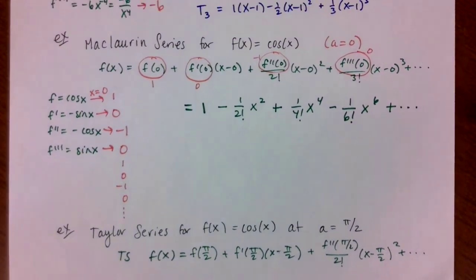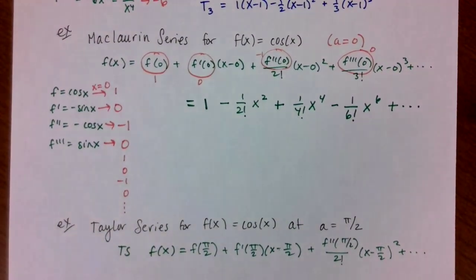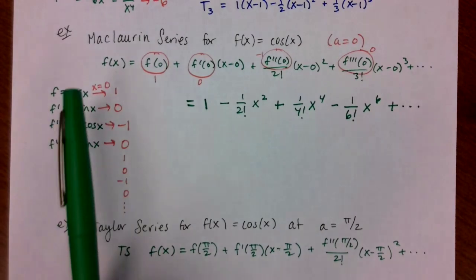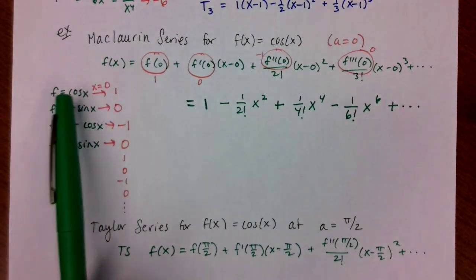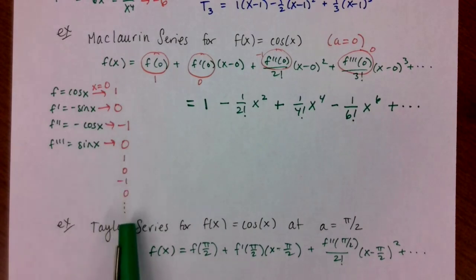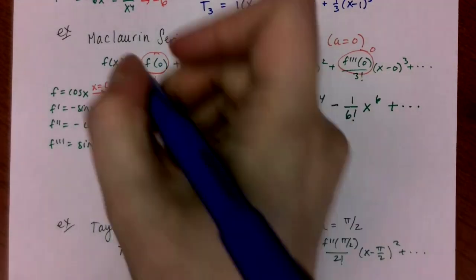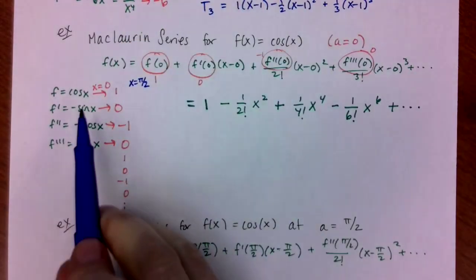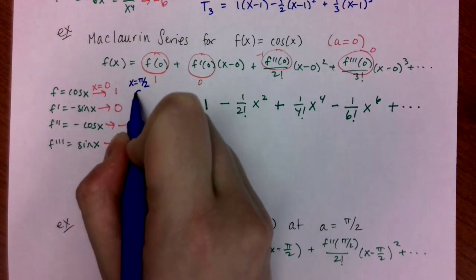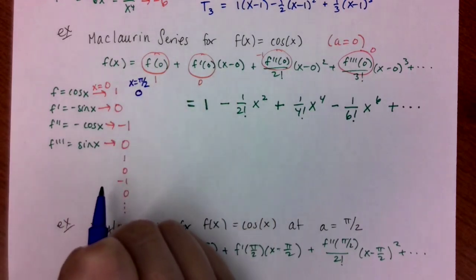And now all I can really recycle from the previous example is the list of derivatives that I made, right? So these are the 4, and then after sine, it loops back to cosine. So whatever these 4 numbers are, it just repeats forever. So now I'm going to go back to this list and make a different list of plugging in pi over 2. So cosine at pi over 2 is 0. This is the top of the unit circle.